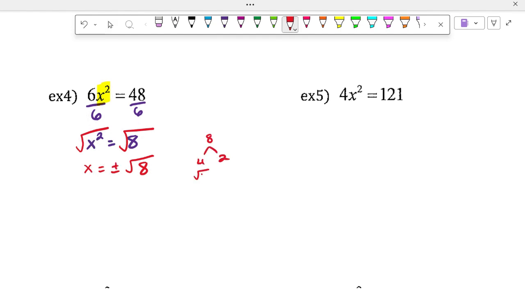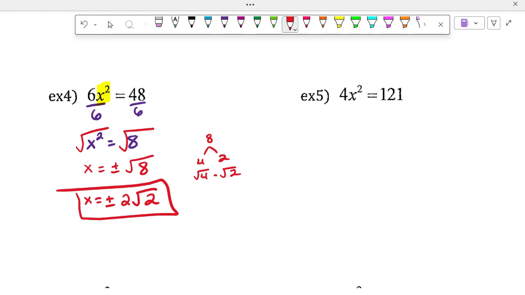So this is the same thing as the square root of 4 times the square root of 2. So x is equal to plus or minus what? 2 square root 2. All right. So remember, I want your answers in simplified radical form. So if the radical can simplify, make sure you simplify it down.